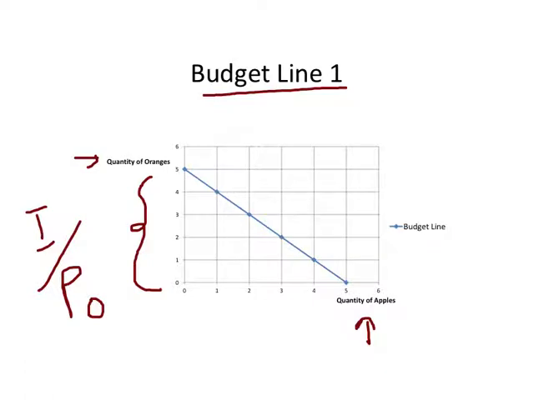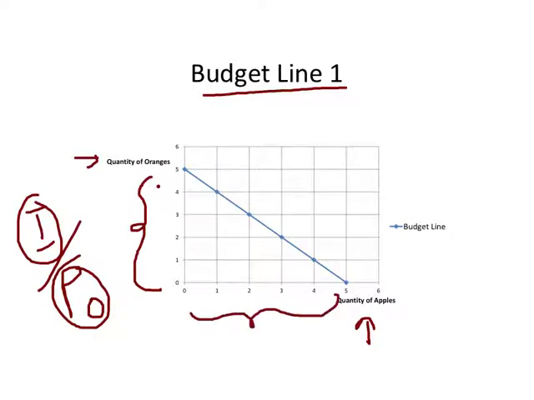So income divided by price of an orange will give you the intercept on the y-axis. And we know our income is $5, price of an orange is $1, and so 5 divided by 1 gives us 5, and this is the intercept on the y-axis.